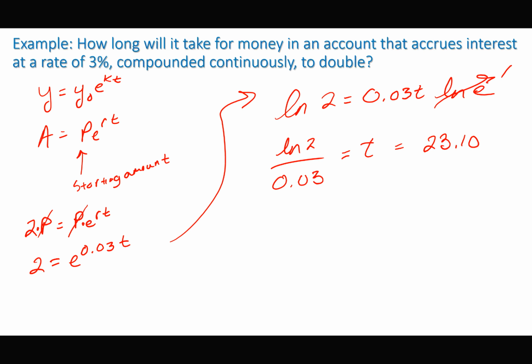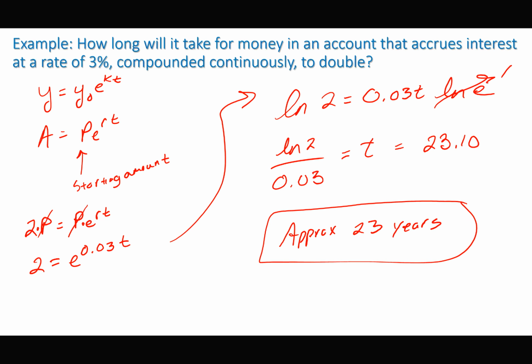So how long will it take? I could say approximately 23 years for it to double. All right, we're going to round to the whole years on these, but in the context, it's into the 23rd year, but not far. We'll just say approximately 23 years.